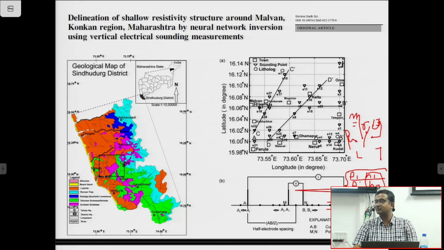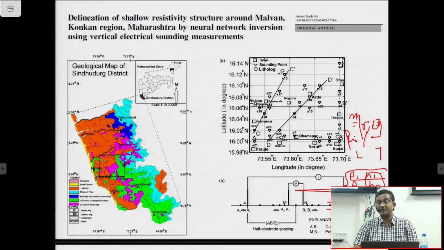So you take this 4-layer. Now in order to define this 4-layer, what parameters are required? Rho 1, the resistivity of each layer, first, second, third, fourth, and the thickness H1, H2, H3. Now your M contains R and T, where R is the true resistivity, containing rho 1, rho 2, rho 3, rho 4, and thickness H contains H1, H2, H3.